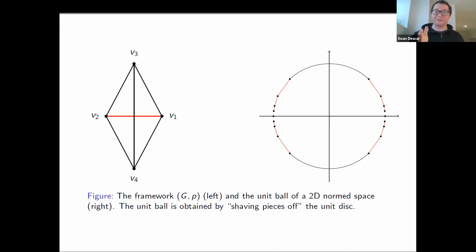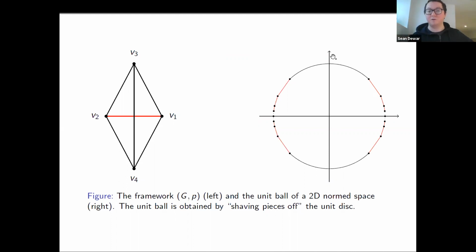So what I've got on the right is the unit ball of a 2D normed space. Now, you might think you want to start with functions and then you get the unit ball of the normed space from that. It's usually better to think of the unit ball, and as long as it's got some convex set properties, you can then get the norm back again. Okay? So we've got this unit ball and we've got this framework.